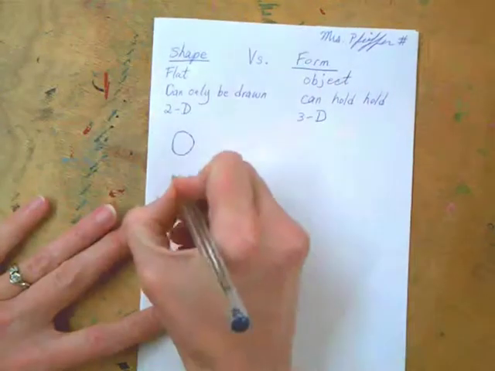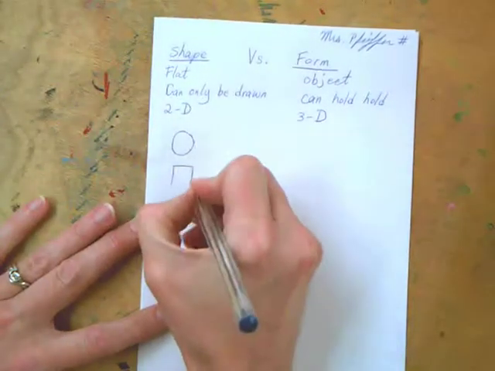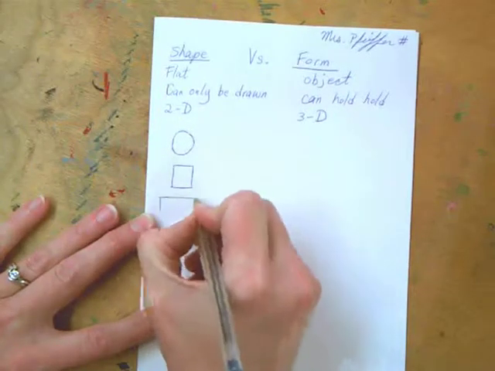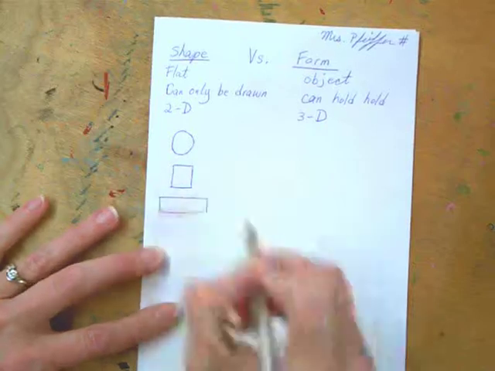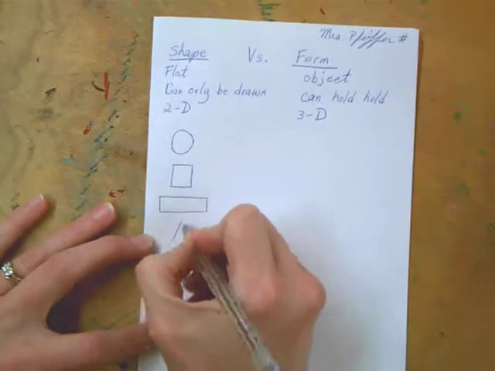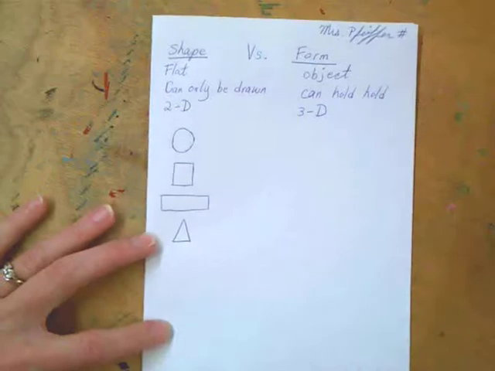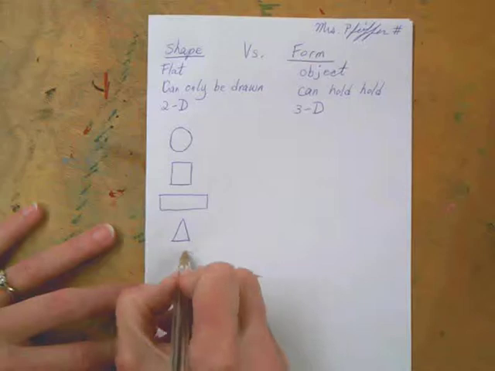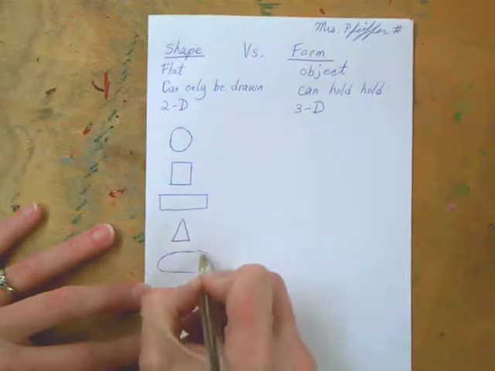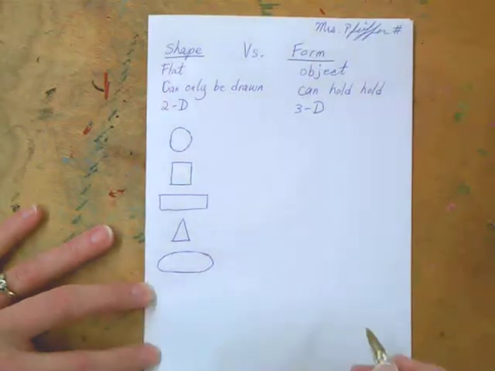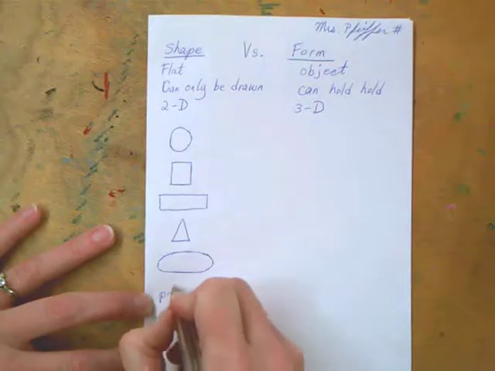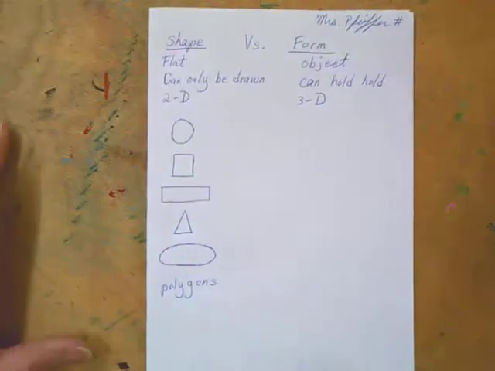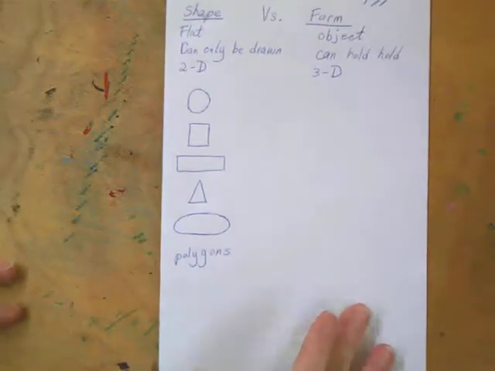So a circle, a square, a rectangle, a triangle, an oval, all kinds of polygons, and that would be a hexagon, a decagon, an octagon, all of those.